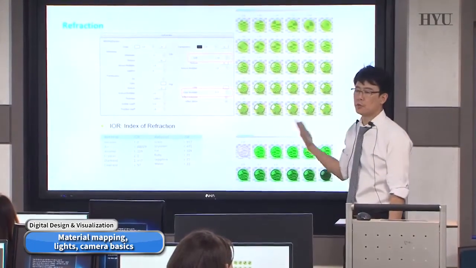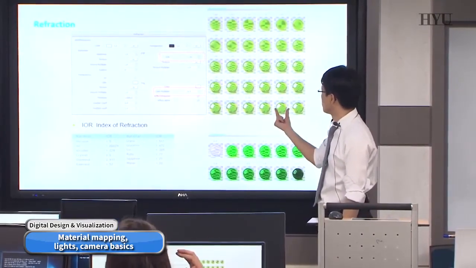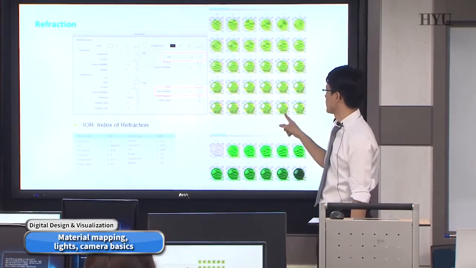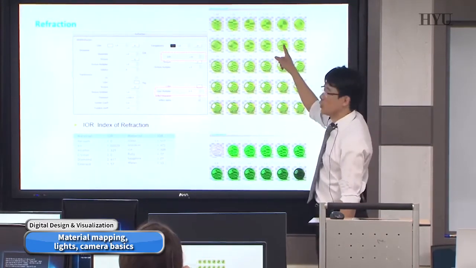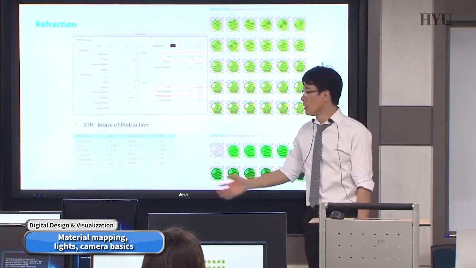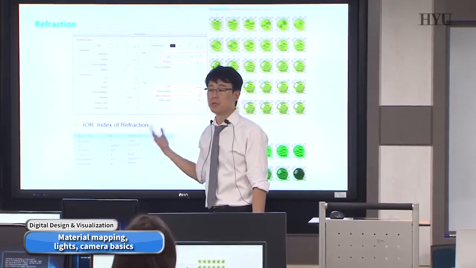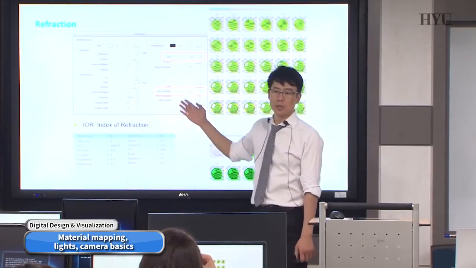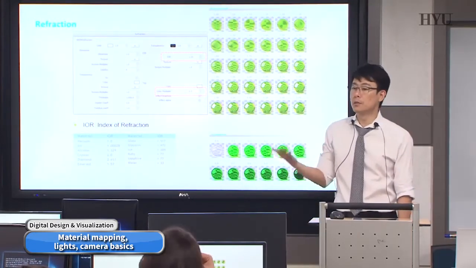So for photorealistic rendering, if you want to visualize diamond, you have to use this IOR in order to see your object refracted in this way, okay? So this is 2.4, 1.5, different IOR. That's what you need to know. I told you this is the V-Ray interface, but the reason I want to show you this is you need to find those things in the Mental Ray interface. I told you technically the same, but a different interface.